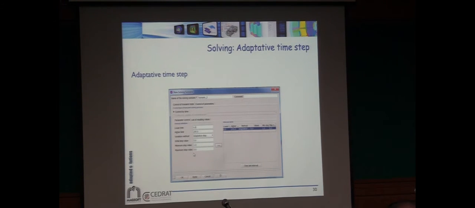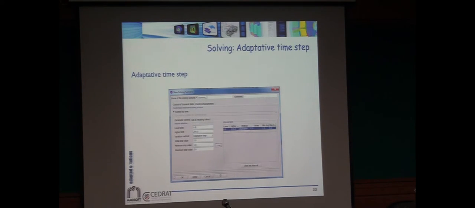Then the program will be able to adjust the time step within those parameters to match the signal. So how do we define this? Well, it's important to define a maximum time step so that the program doesn't get crazy and miss some of the nonlinear changes in the signal.